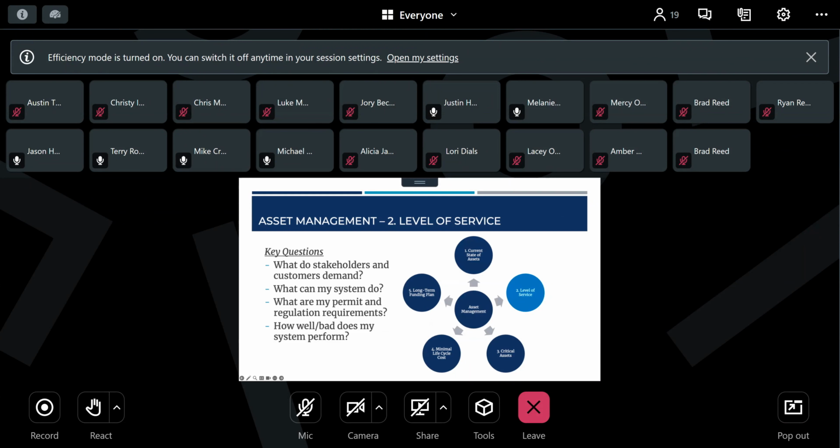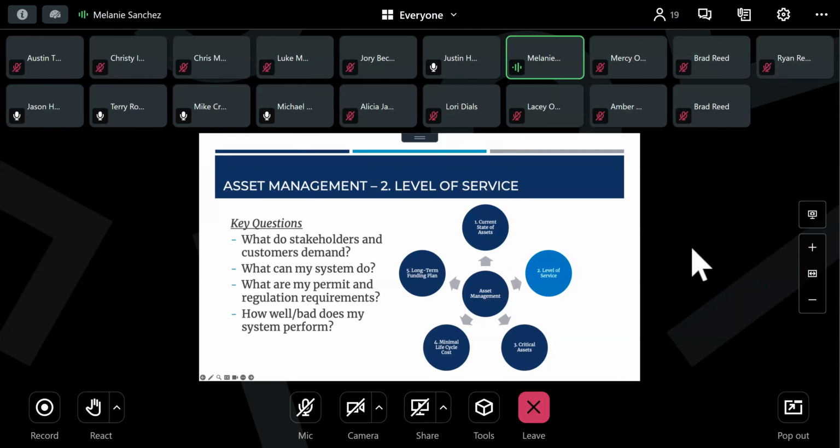So to establish sustainable service levels, we should ask ourselves, what level of service do our stakeholders and customers demand? What are the regulatory requirements that we need to adhere to? How does our actual performance measure up? And what are the physical capabilities of our assets?